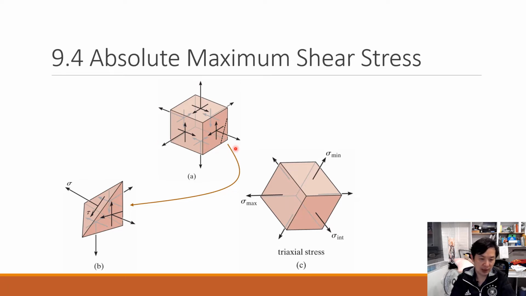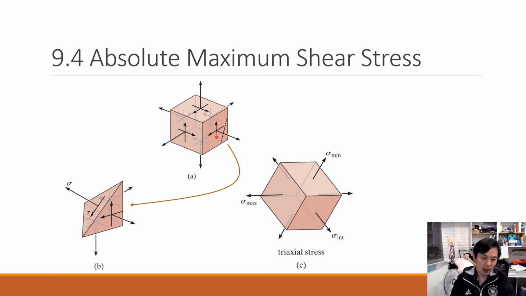Here's the first case. We have a very general stress state on a differential element in a three-dimensional system. So we have three normal stresses together with three shear stresses.